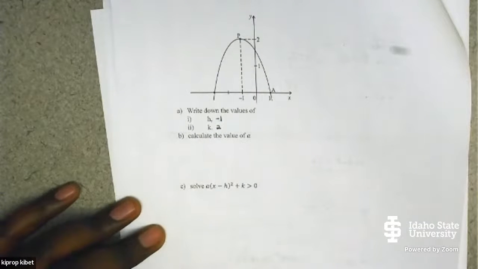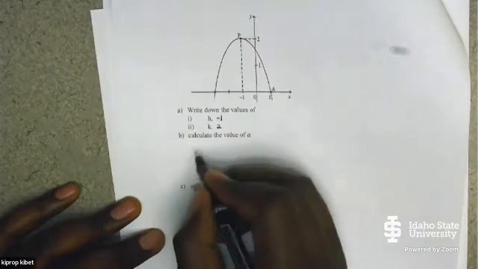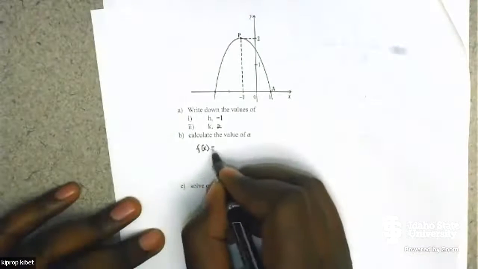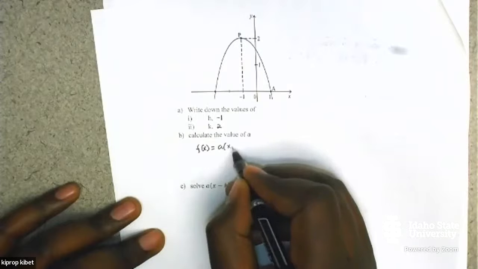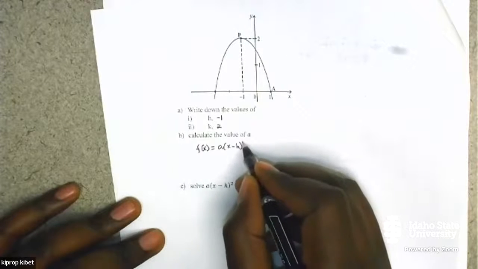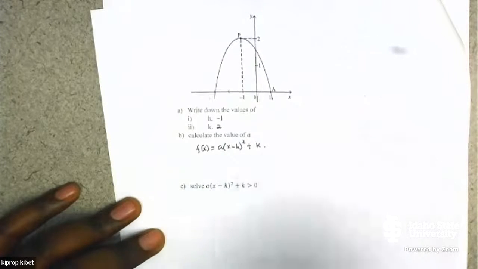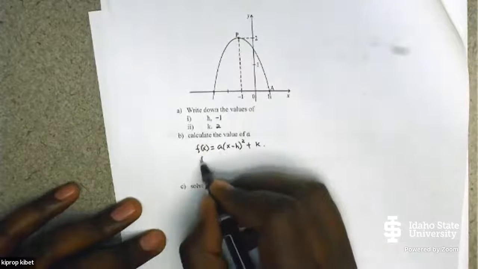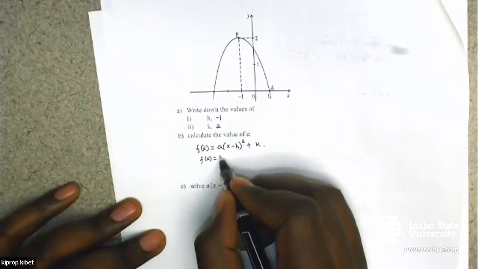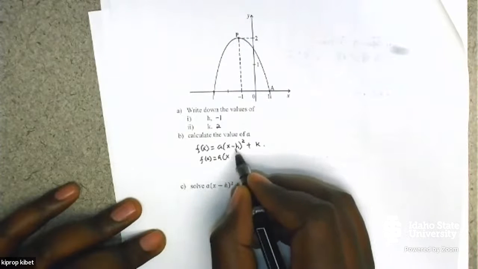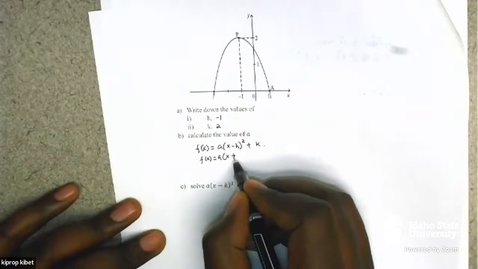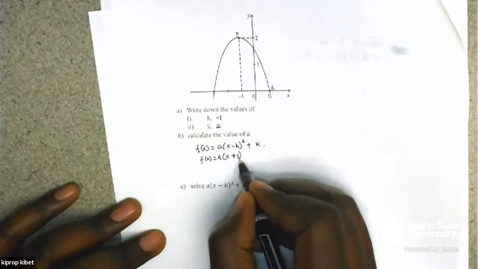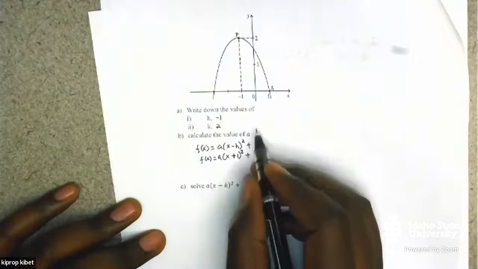So we have f of x equals a times (x minus h) squared plus k. We have our h here. So f of x equals a times (x, our h will be what? So it will now be plus 1, and then you square, plus our k is what?